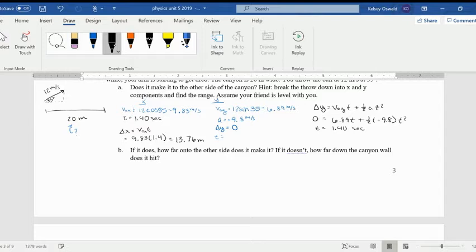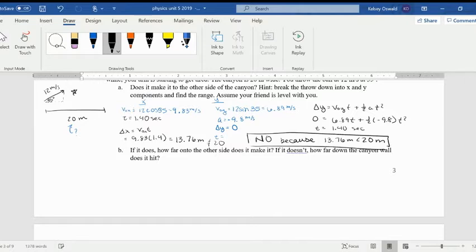So our ball only makes it 13.76 meters. It does not make it the full 20. So it does not make it to the other side of the canyon, because it only travels 13.76 meters when it needs to travel 20.